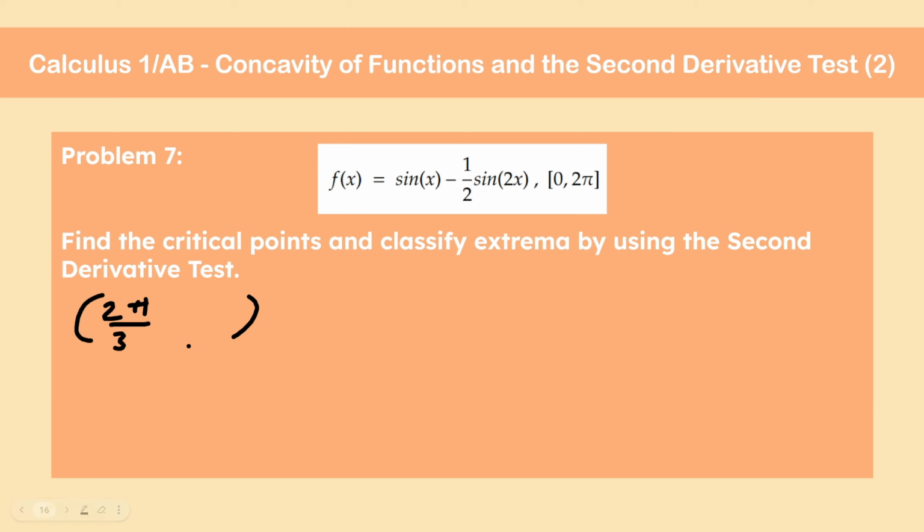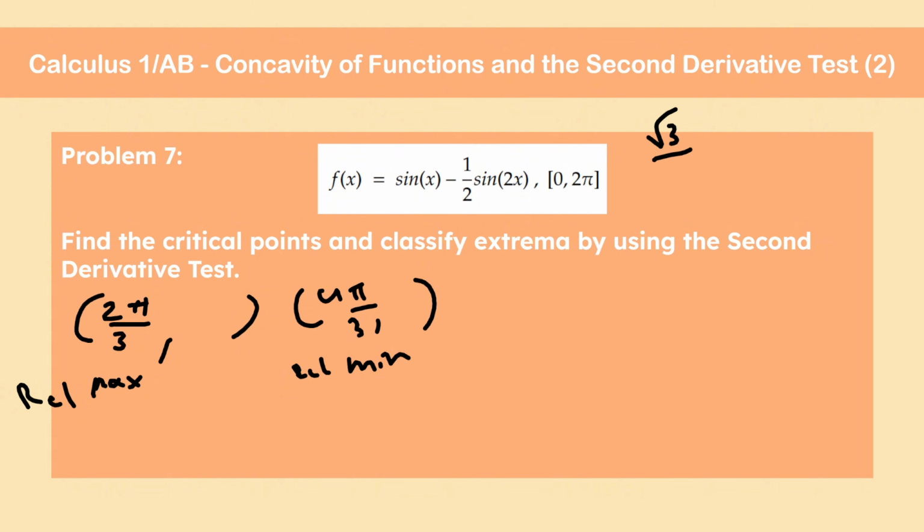So now we're going to find the relative maximum value and the relative minimum value. So this is 4 pi over 3. So sine of 2 pi over 3 will be square root of 3 over 2, subtract 1/2 sine 2x, or sine 4 pi over 3, which will be negative square root of 3 over 2.